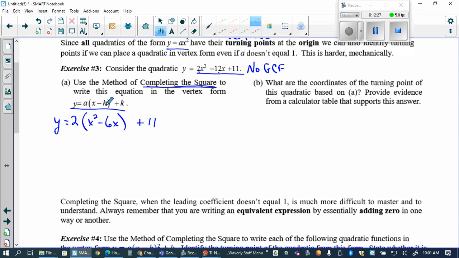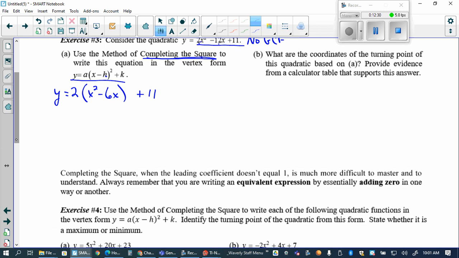This is where the little twist will come in. So 2 times x squared minus 6x plus what? No, I want to complete the square inside here. What's half of 6? 3. Okay, so 3 squared in there, right?